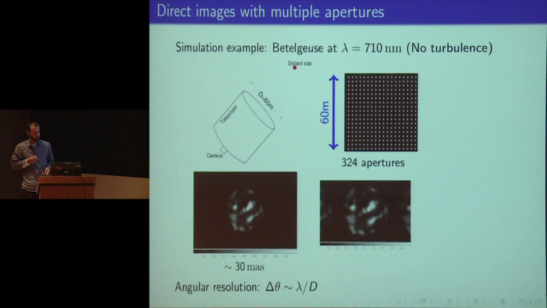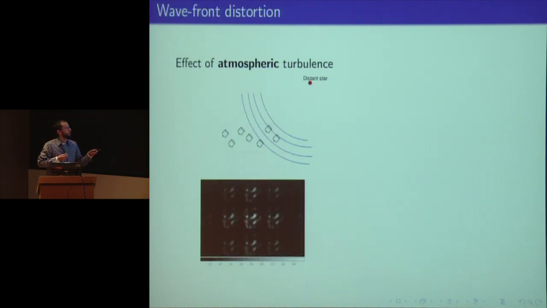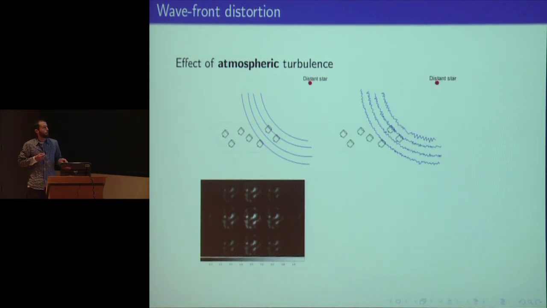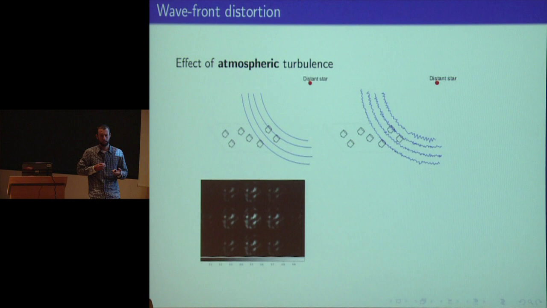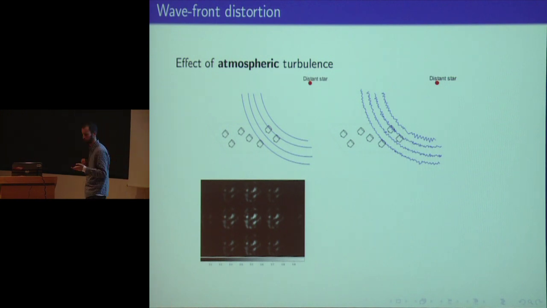Now, this is all very nice, but in these simulations I did not include wavefront distortion due to turbulence. What I assumed to obtain this image is that the wavefronts are nice and smooth, but in fact the wavefront is distorted at timescales of a few milliseconds and at spatial scales of a few centimeters.